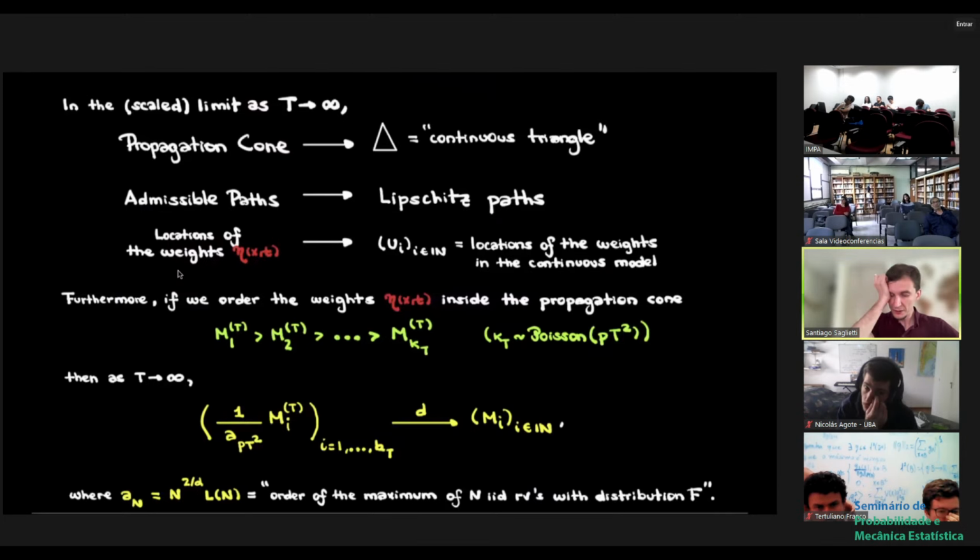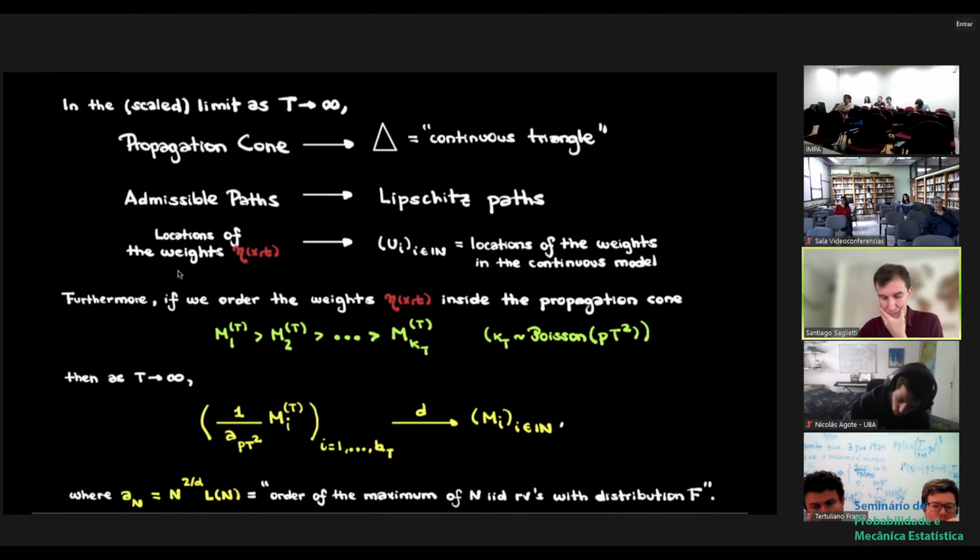And so what's going to happen is that as t goes to infinity, this propagation cone, the purple one, will converge in some proper way to the continuous triangle I defined before. And the admissible paths in my discrete system will converge, once you scale things properly, to Lipschitz paths.